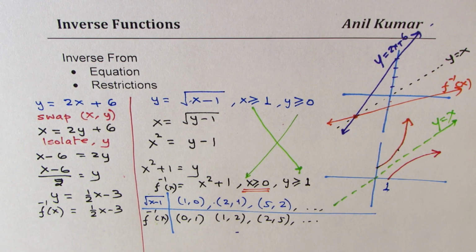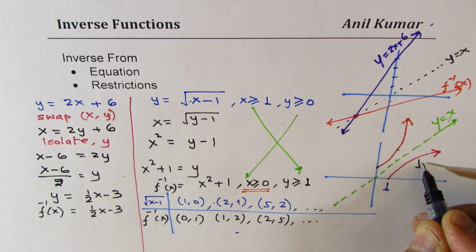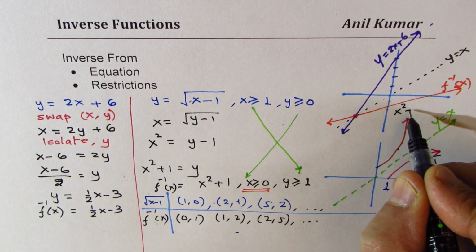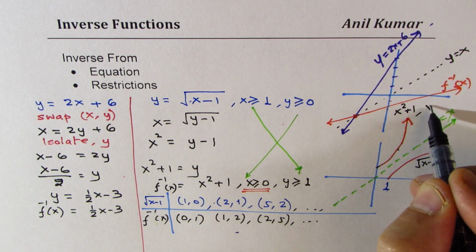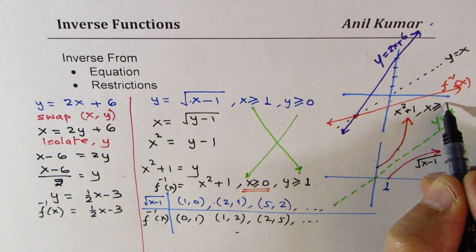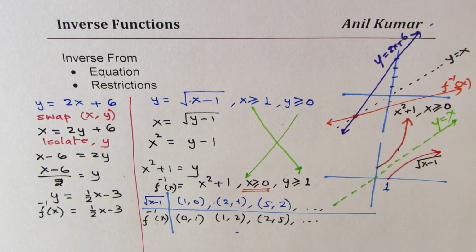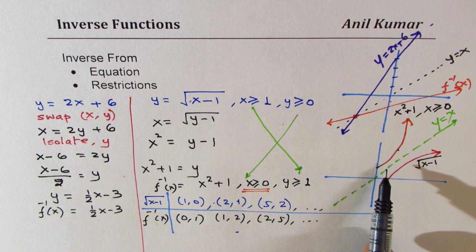Do you see that? So here we have the inverse function. This is square root of x minus 1, and that is x squared plus 1. However, x is greater than or equal to 0. So that is half of the parabola, and that is a function. You can see that, right?